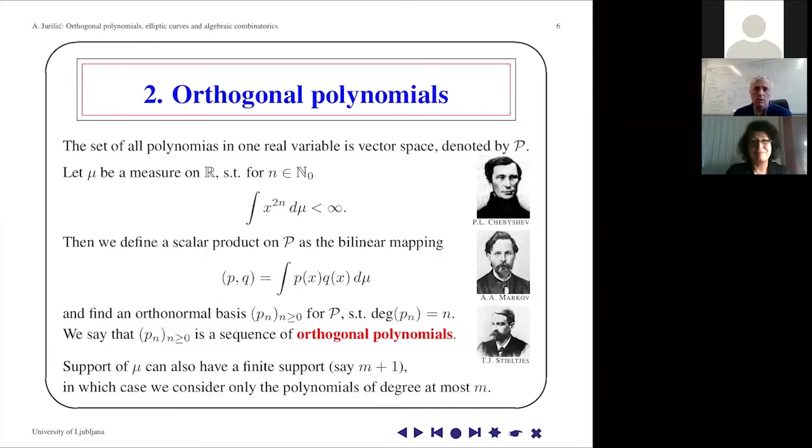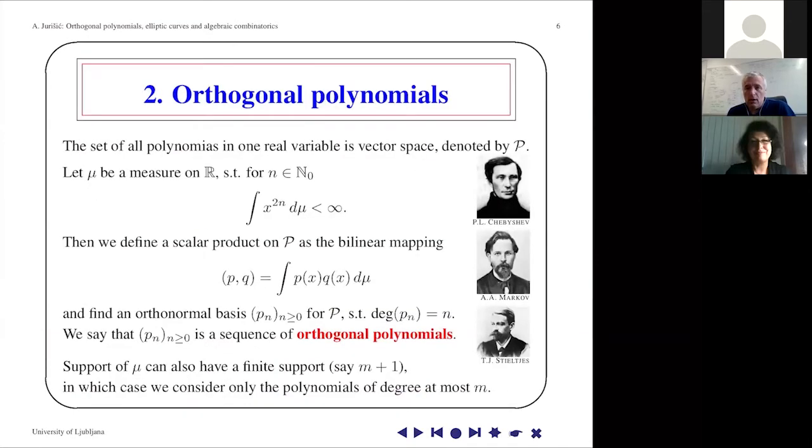This sequence of polynomials, this orthonormal basis, is called orthogonal polynomials. Of course, you can also work with finite support, and then you go only up to polynomials of degree m and not further. But of course, you can also go to infinity if you want.